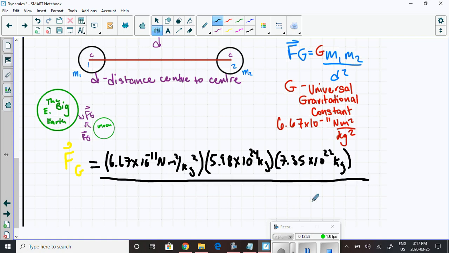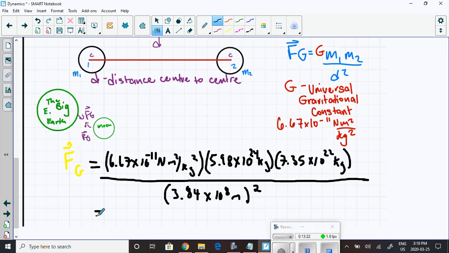Then in the denominator, we're going to put the distance between the Earth and the Moon, center to center, and we're going to square it. The distance between them, center to center, is 3.84 times 10 to the 8 meters, squared.